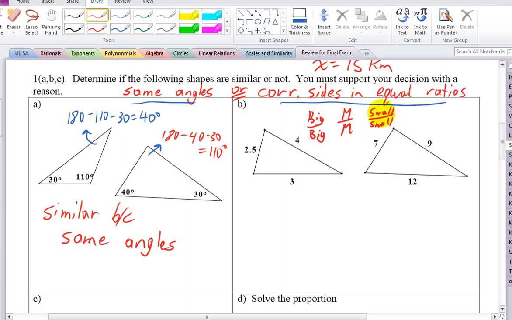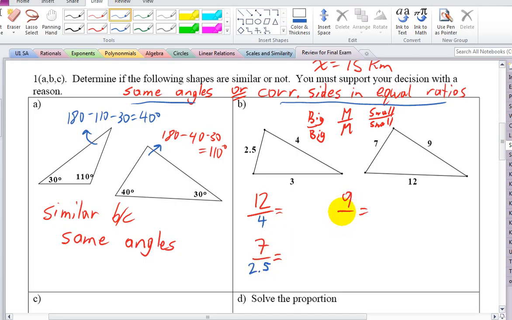Because remember we can flip and rotate and turn these triangles. So 12 should be over what? 7 should be over, and what should 9 be over? So from the other triangle, 12 should be over 4, big over big. 7 is the smallest, so it should be over 2.5.